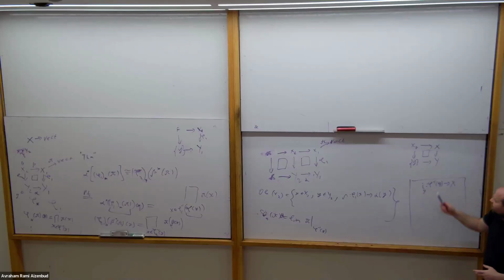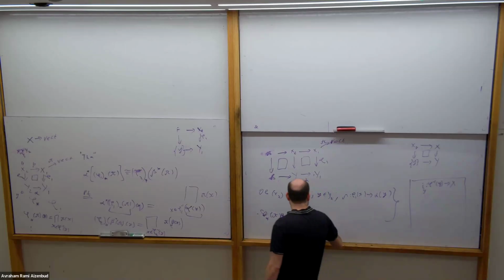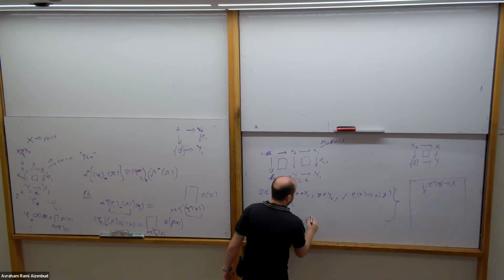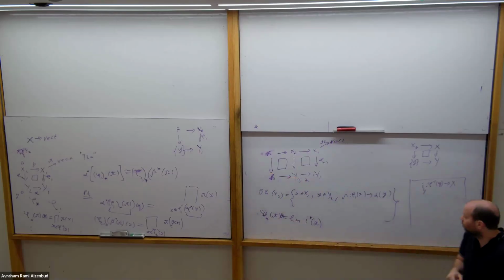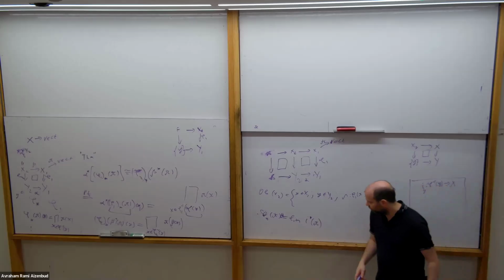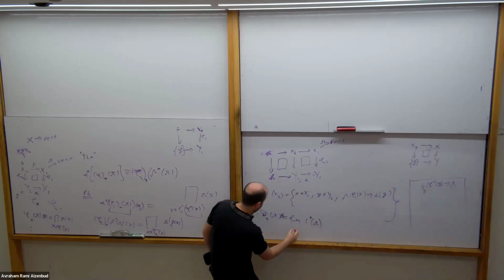So we have this I_y. And now instead of writing restriction, I will write I_y of pi. So it means that we forget about the morphism and just look at the object in X, and then we have a vector space that we can assign to it. So we get a functor from the fiber to vector spaces. And then we take the limit over the fiber.